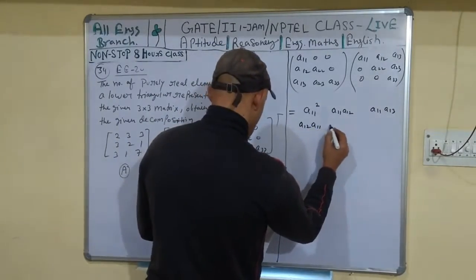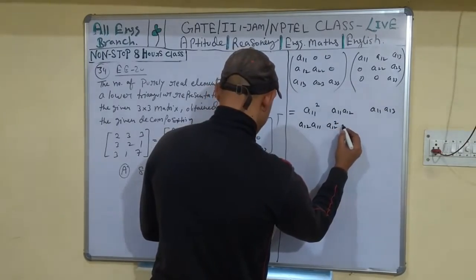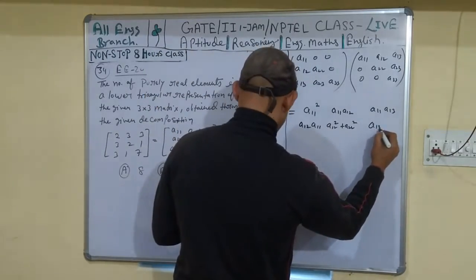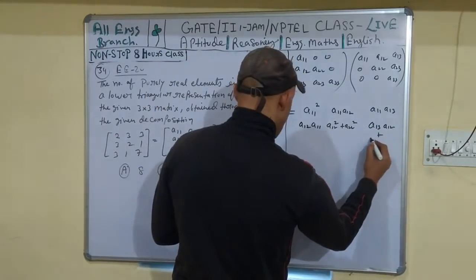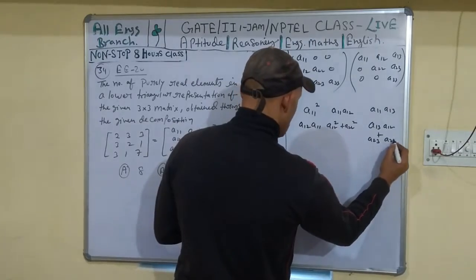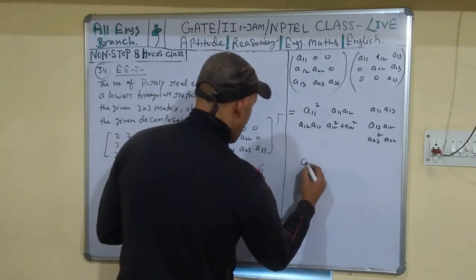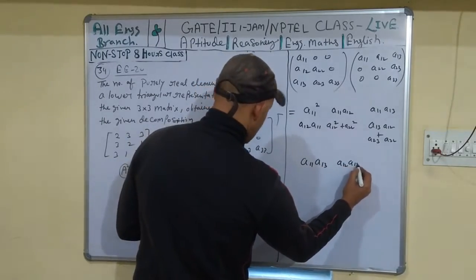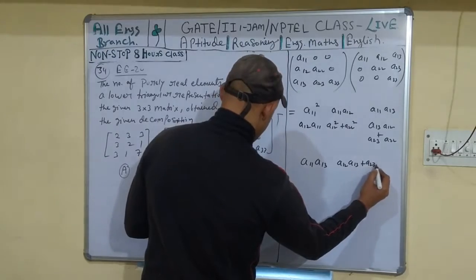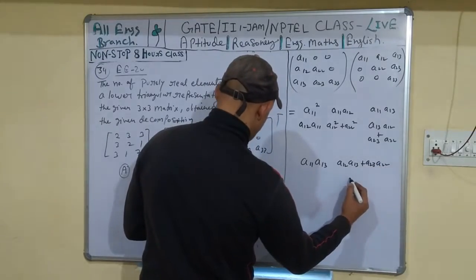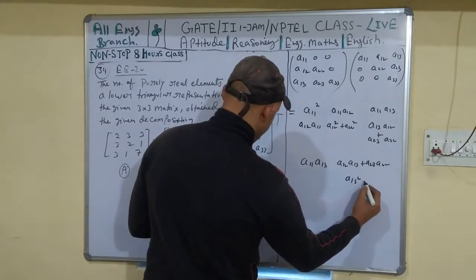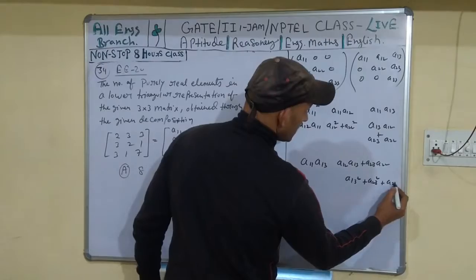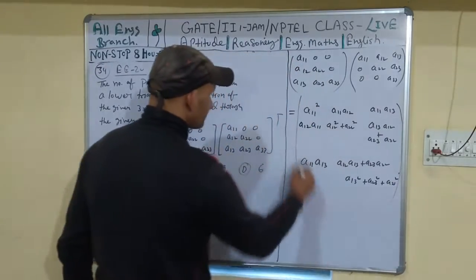A12, A11 we have already solved, plus A22 whole square, then A13, A12 plus A23 and A22, then at last A11, A13 and A12, A13 plus A23 and A22, and last row, last column A13 whole square plus A23 whole square plus A33 whole square. So this is your matrix.